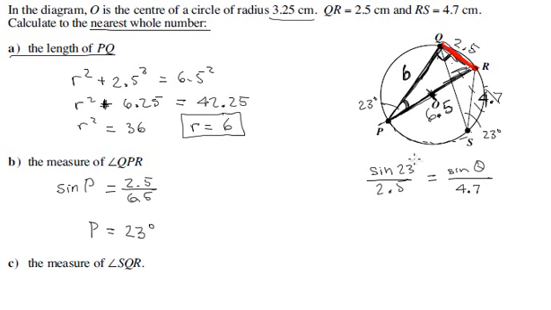So we cross multiply: 4.7 times sine 23 divided by 2.5. We get sine q equals 0.735, and then arcsine of that gives 47 degrees. Q should be a 47 degree angle.